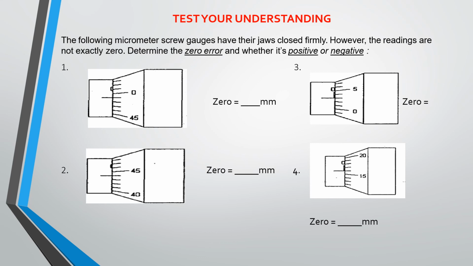You will see questions on how to determine either zero error or to measure the reading for a micrometer screw gauge. Then don't forget that the smallest error that you can get on a micrometer screw gauge is the accuracy of the machine, which is 0.01.